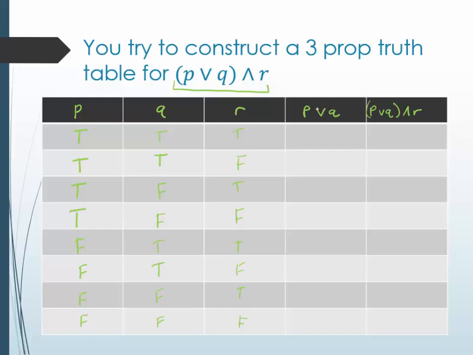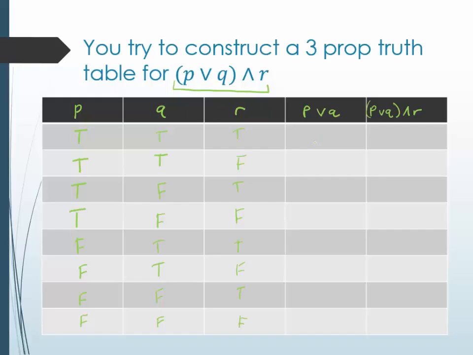Okay. P V Q. We're looking for whenever P and Q are true. What do we get for that, Emma? What'd you get for this column? False, false, true, true. Wait, hold on.